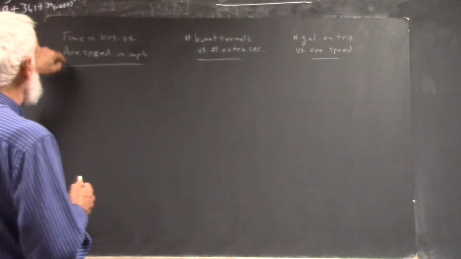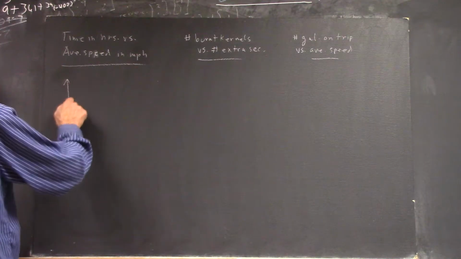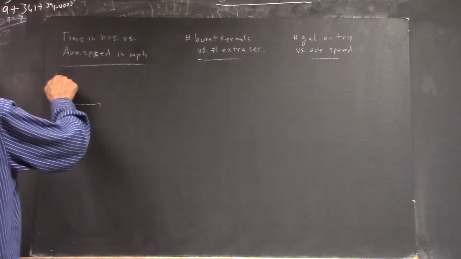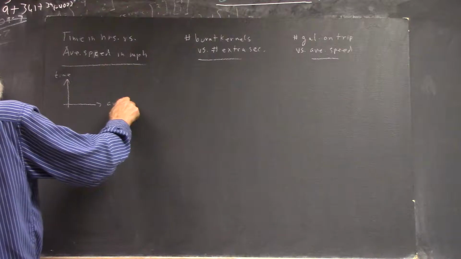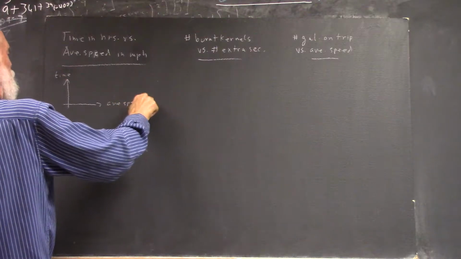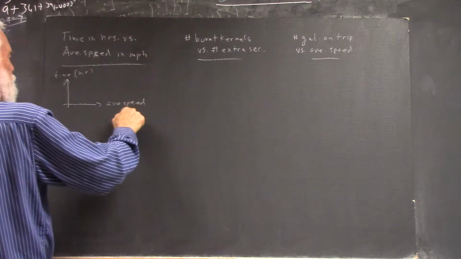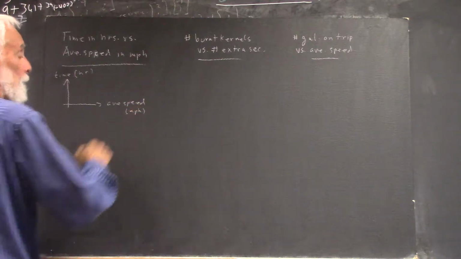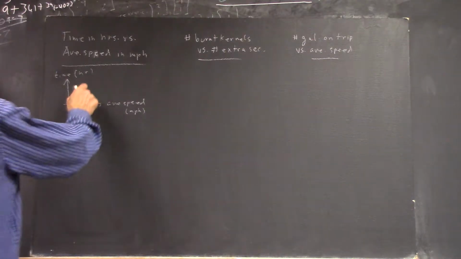Okay, so take time in hours versus average speed in miles per hour. Well, it helps to draw a graph of time versus average speed. It doesn't even hurt to put the hours on here and miles per hour here. Then it doesn't hurt to put a couple of points in this thing.